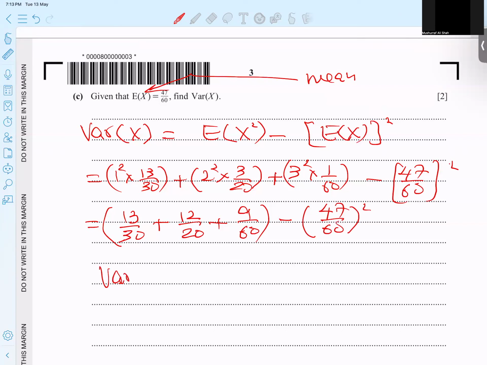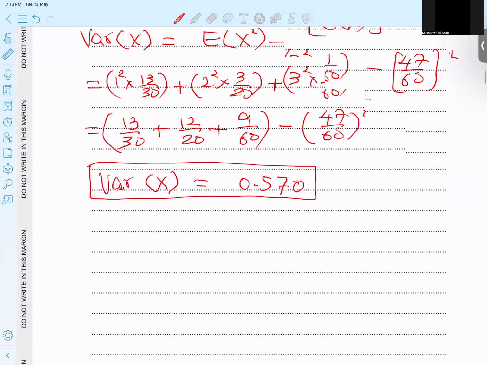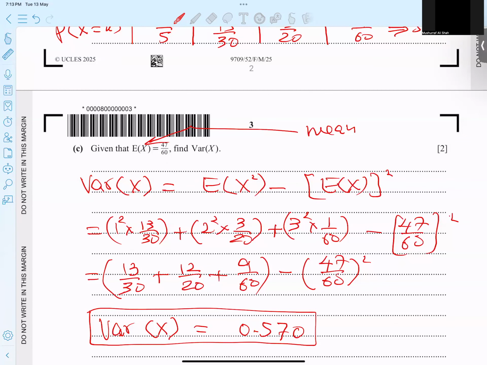If we check in calculator, 13 by 30 plus 12 over 20 plus 9 over 60, the answer turns out to be 0.570. This is the answer of the variance, and I hope the concept is very clear, and the question is completely over. First question is done.